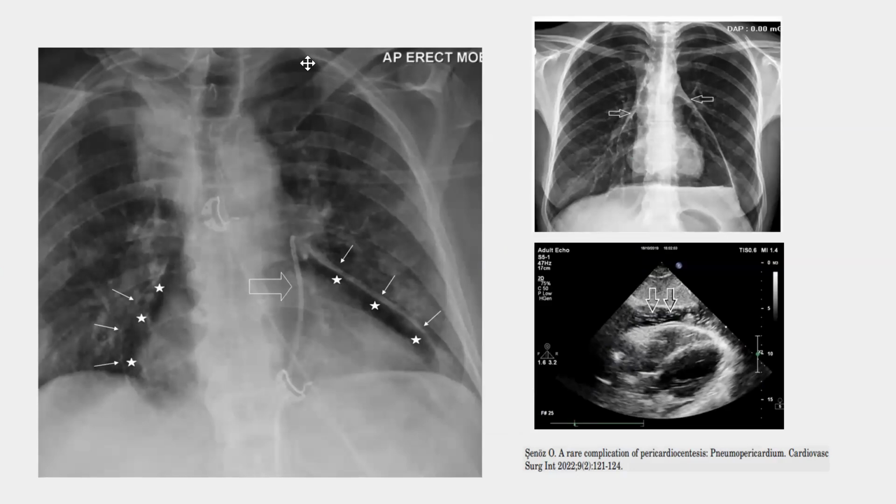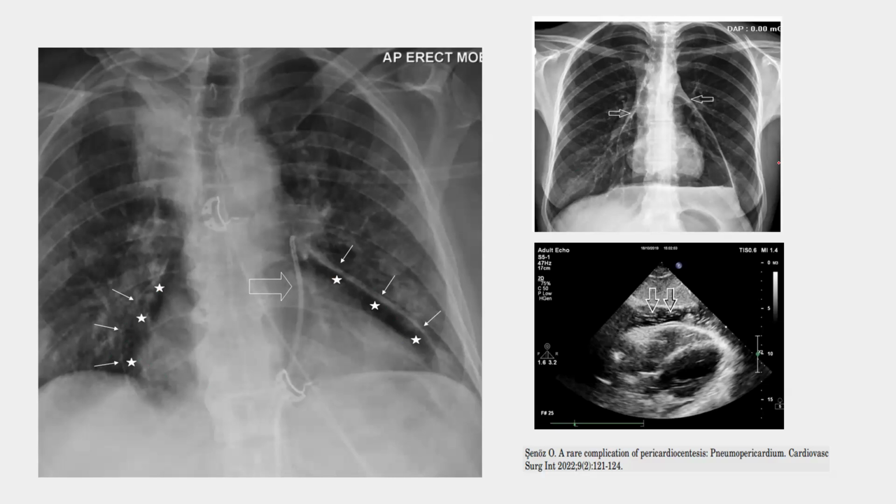Now what about here? This is a chest x-ray, right? But we are seeing echolucency here. What can that be? Pneumopericardium, exactly.